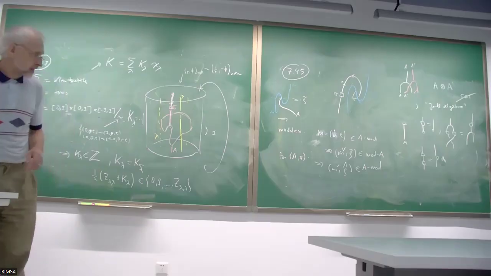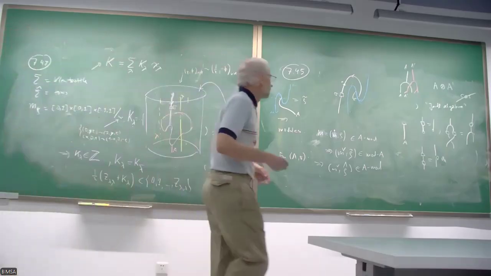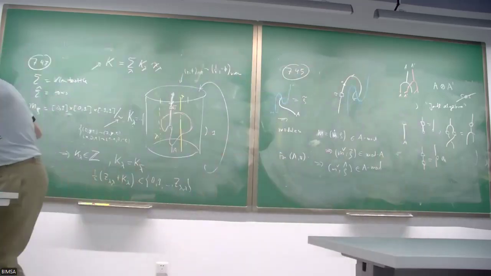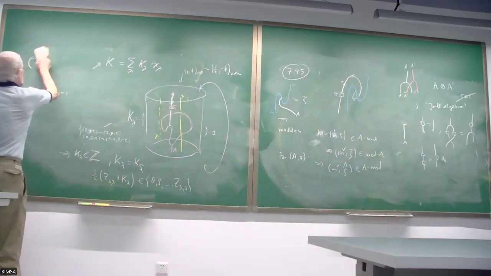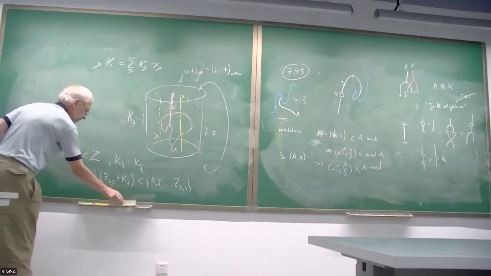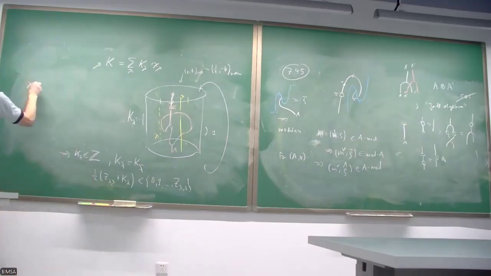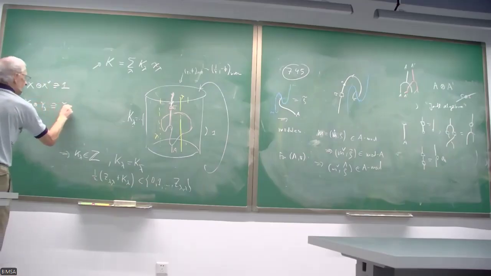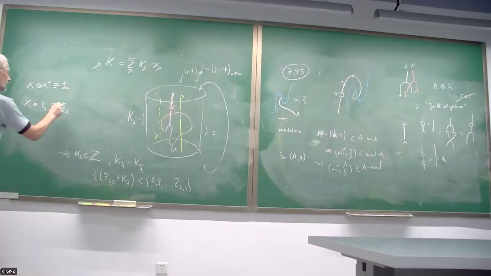And that quadratic form, on the other hand, can also be described as follows. You have an invertible object X. So X tensor X dual is isomorphic to 1. Then it turns out X tensor Y lambda is some other Y lambda prime.